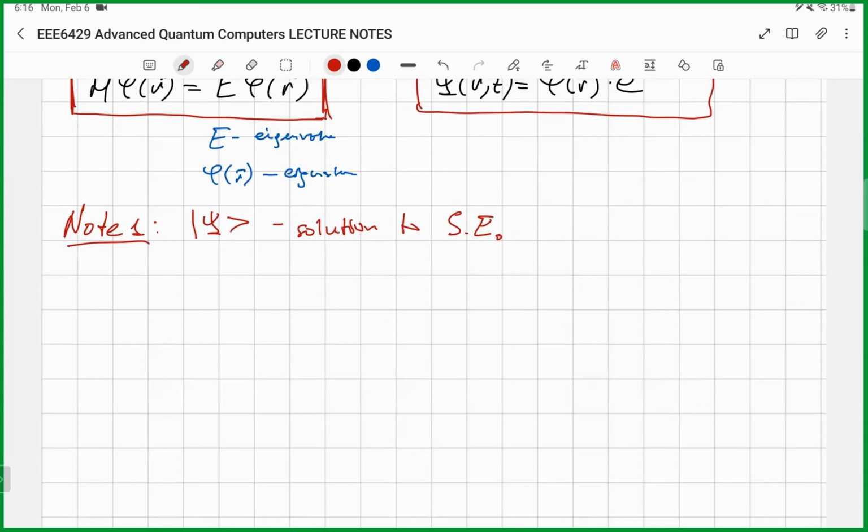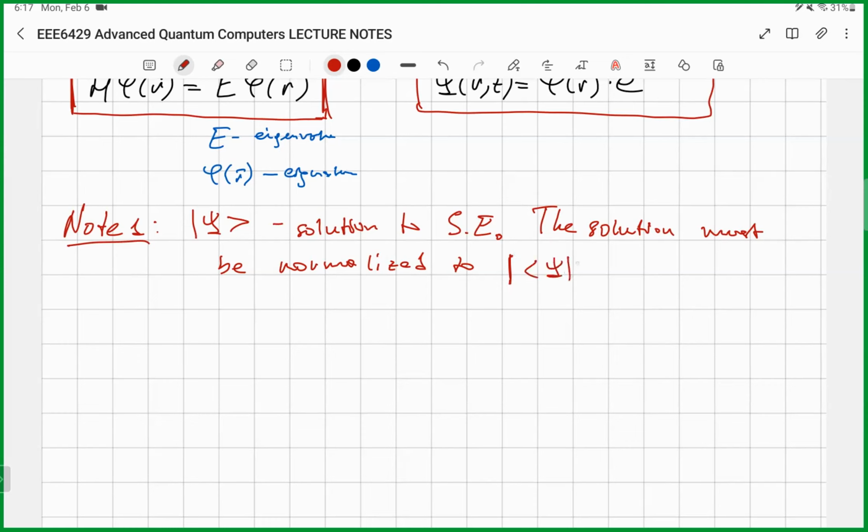So the solution must be normalized to, well, in general, the modulus of psi squared must be less than 1, less than unity.